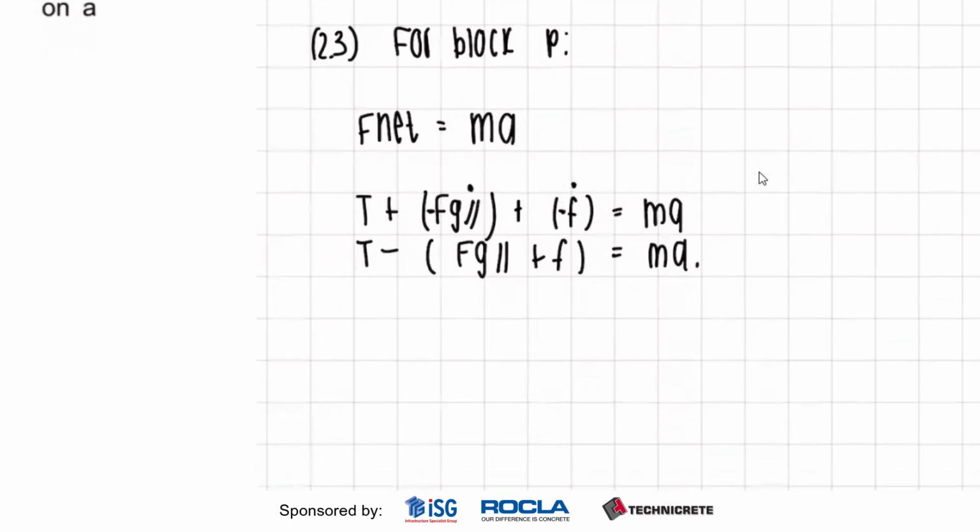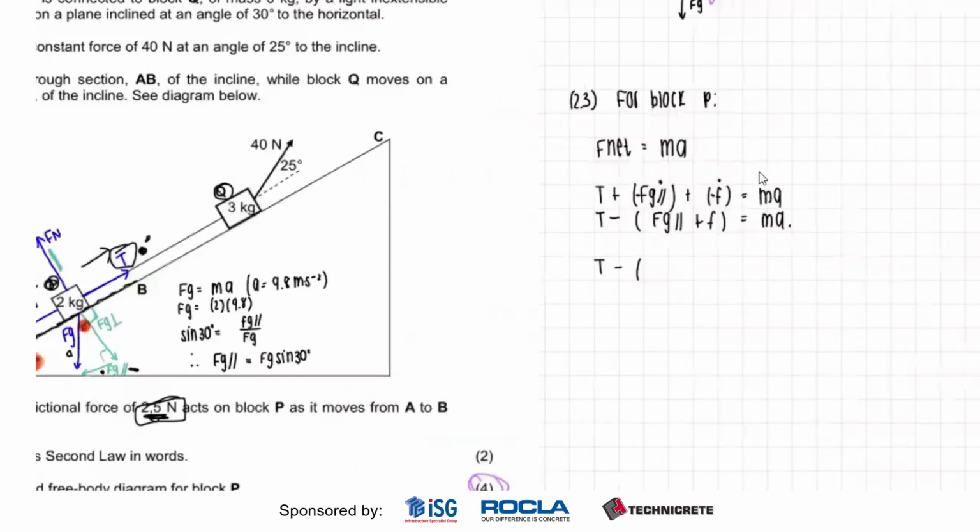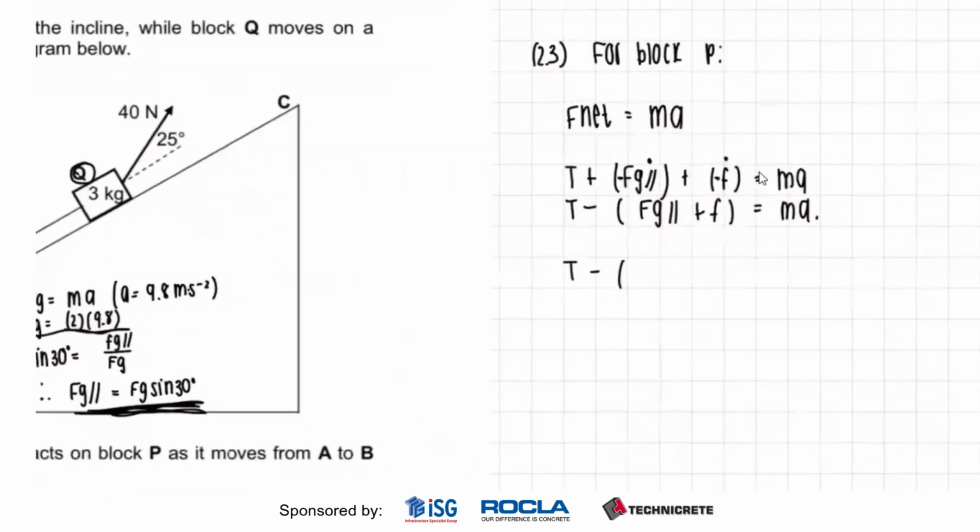So we don't know what the tension is. We're just going to write T. I told you earlier that FG parallel is equal to FG sine 30. Also told you that FG was equal to 2 times 9.8. So FG parallel therefore equals 2 times 9.8 sine 30.